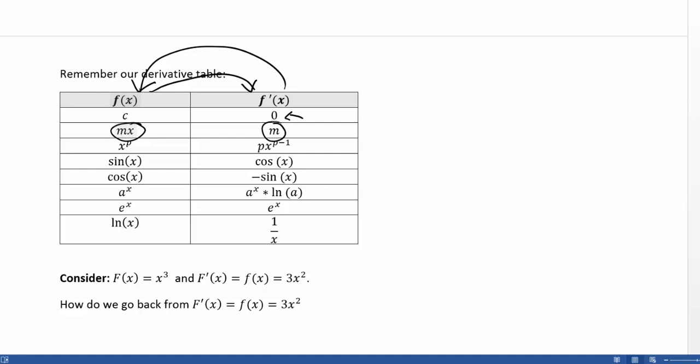So let's look at a case of this and see if we can figure out how we can rewrite this formula to make a little more sense. So let's start with the function x cubed. We know that if we take the derivative, we're going to get 3x squared. So now we want to start with our 3x squared and think about what we're going to need to do to get back to x cubed. So here, we know that we're going to have to increase the power by 1 to go back to the original function.